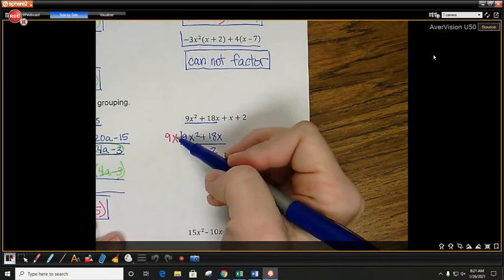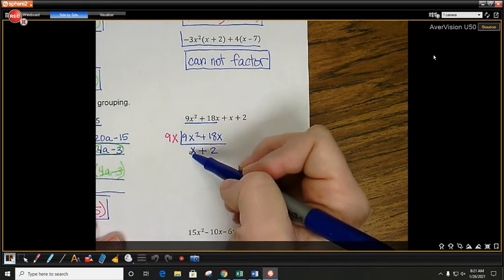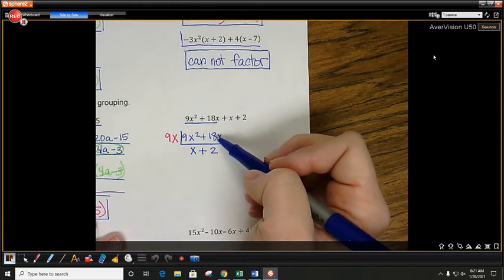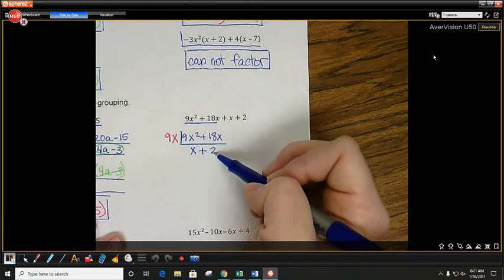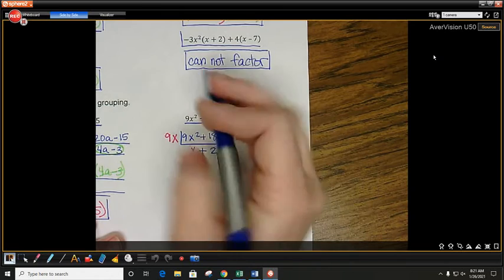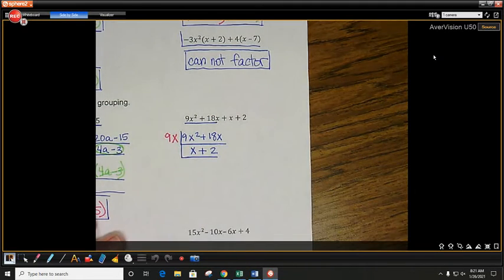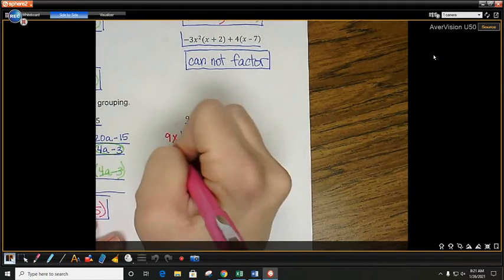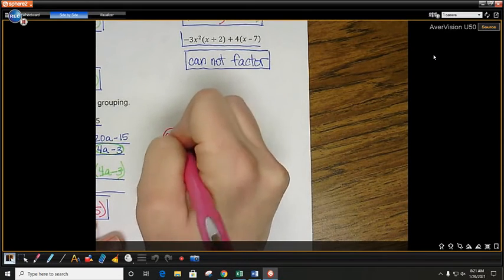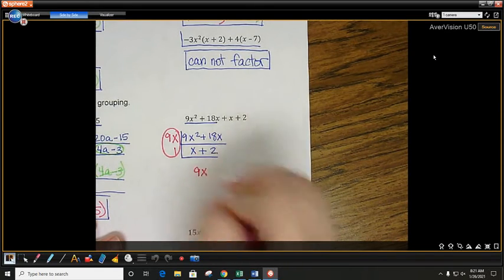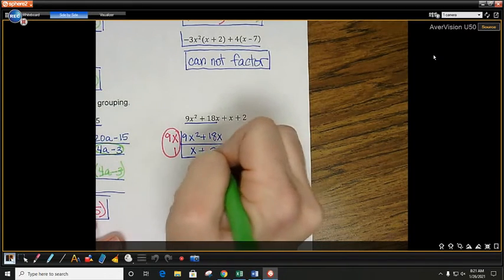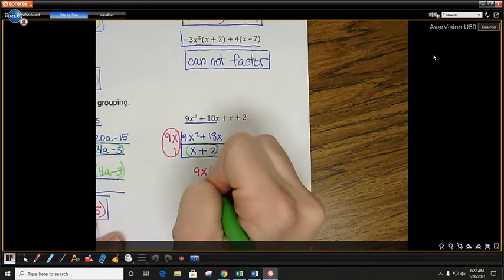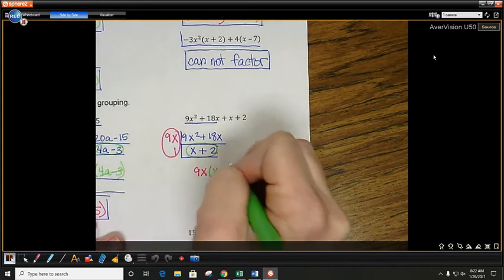X squared and x is just x, so you could put a 1x there if you wanted, but you don't need the 1. 18 divided by 9 is 2. You had an x, but you took an x out, so you only have a 2. Your GCF of x plus 2 is just 1. So my GCF is 9x, and then my last row of my upside down division is x plus 2.